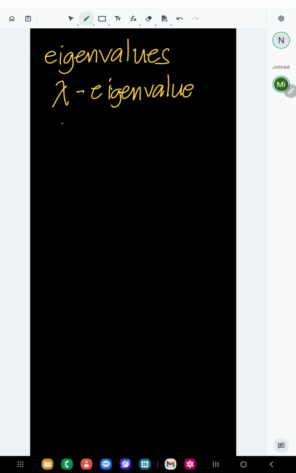So the eigenvalue is denoted by lambda, and the eigenvector is denoted as this one, bold V, or V with an arrow on top of it. So you cannot get the normalized eigenvector without finding the eigenvector first.